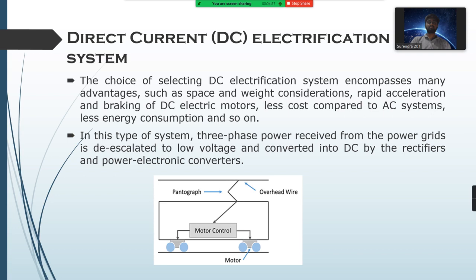In this type of system, three-phase power received from power grids is stepped down to low voltage and converted into DC by rectifiers and power electronics converters, as shown in the figure. This is the overhead line and this is the motor control. The motor is directly connected to the wheels of the electric traction system.